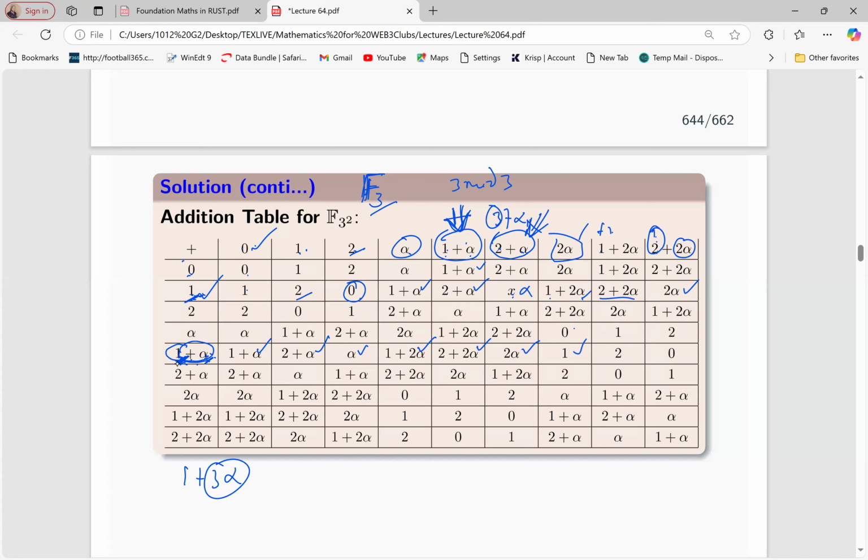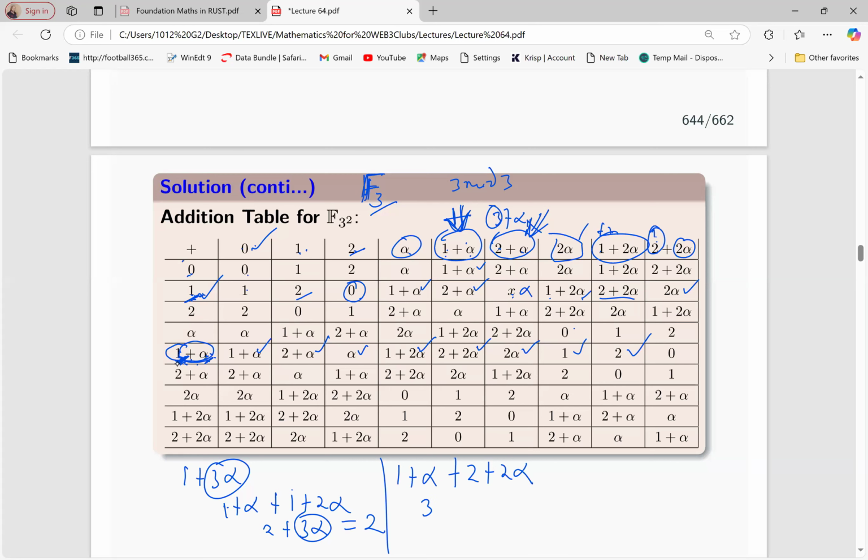Okay, 1 plus alpha added to 1 plus 2 alpha. So 1 plus 1 will be 2. Then alpha plus 2 alpha will be 3 alpha, but this goes to 0, which then is 2. And then lastly, 1 plus alpha added to 2 plus 2 alpha.